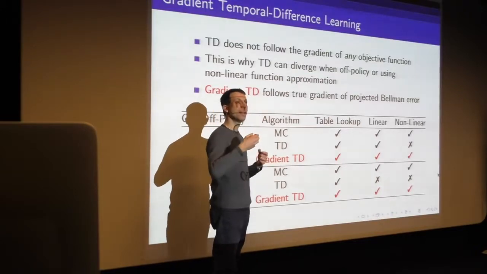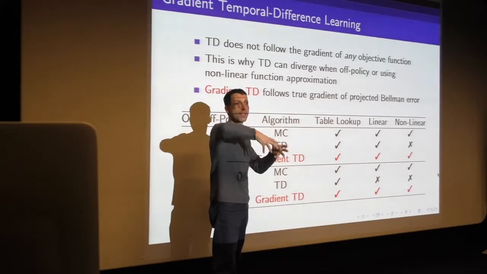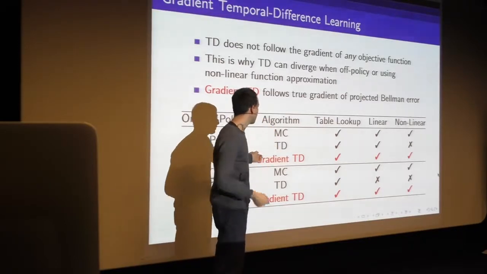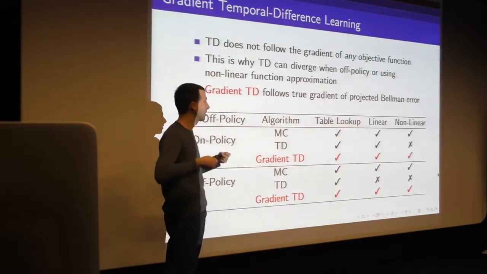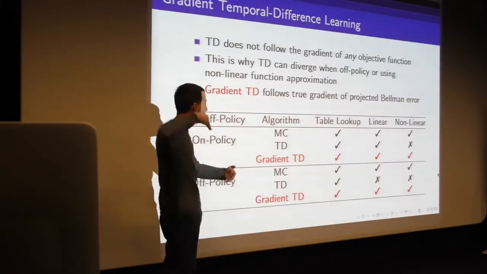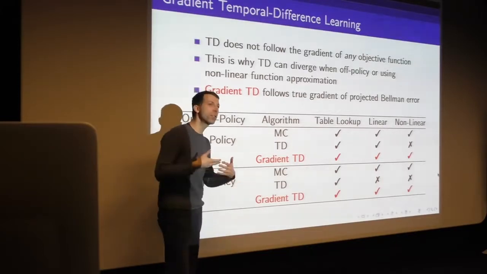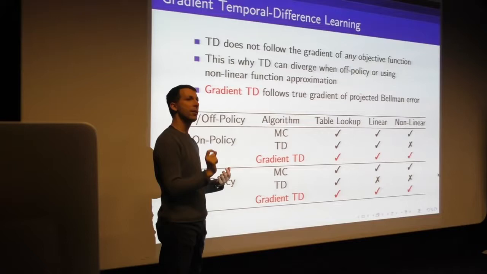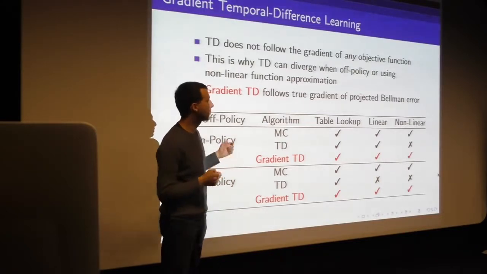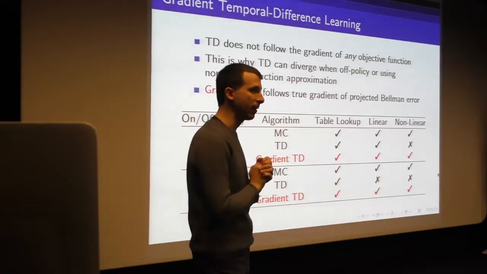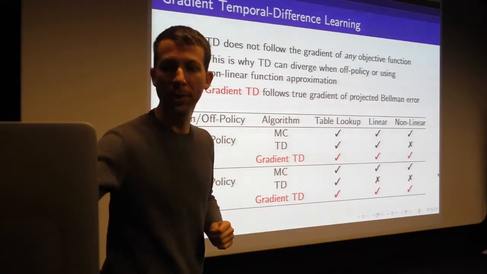Instead of doing gradient descent, then substituting in the TD target and hoping that it's still a gradient, this really follows the gradient of the projected Bellman error, which is a particular objective function. I don't want to get into the details now, but you can look it up. With just a small correction term, you end up with the same update plus one more correction term, and it fixes the problems we see with TD learning. So you can get convergence, but you have to be a little more careful with TD.